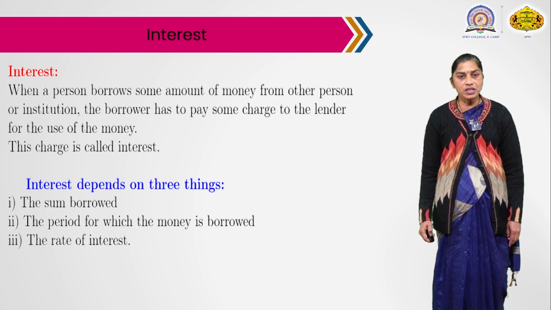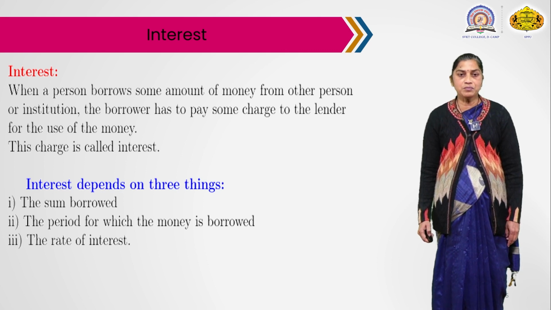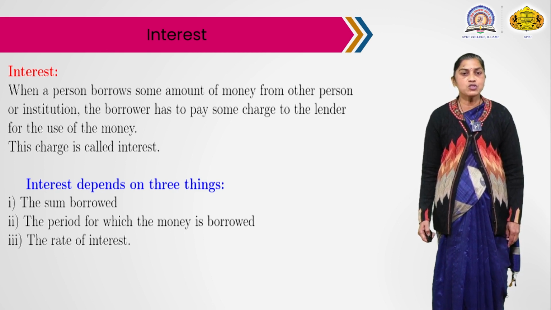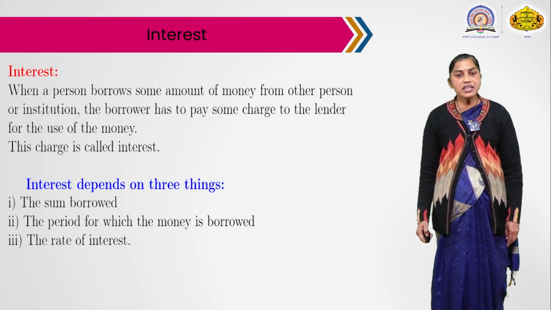Nowadays, in practice, we always find that we are borrowing money from a company or institution for buying a flat, or if you want to purchase a car, etc. So, we all know the concept of interest. The interest depends on three things: the first one, the sum borrowed, then the period for which the money is borrowed, and the rate of interest.